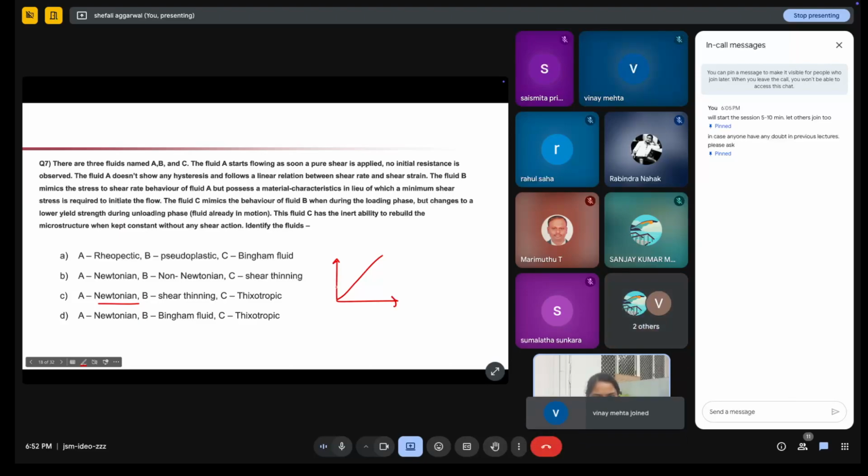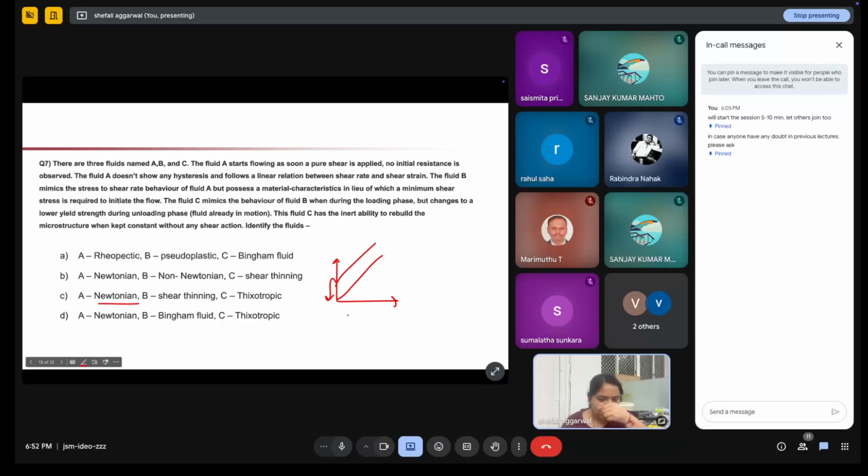So if we require a minimum shear stress to initiate the flow, then this is called a Bingham fluid.